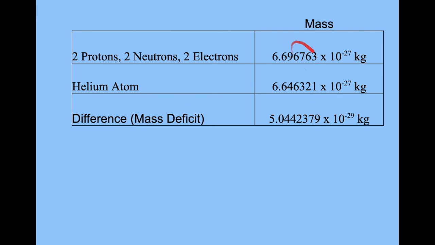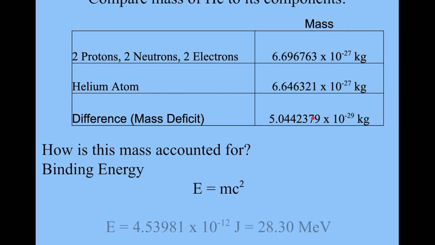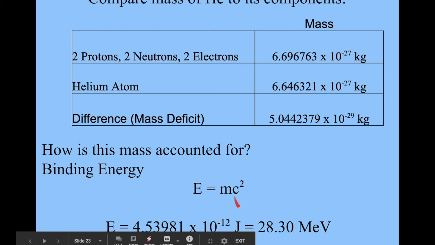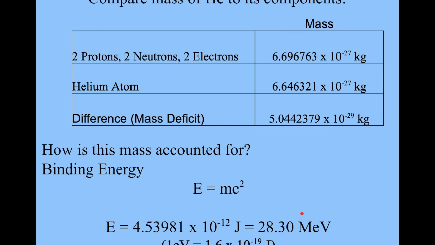Now, it's not the mass that's converted to energy, it's the difference in mass, the delta mass. So we put this in E equals mc squared. That mass deficit is going to give us that much energy. So if I was to split a helium atom into its constituents, that's how much energy is going to result from that transition.